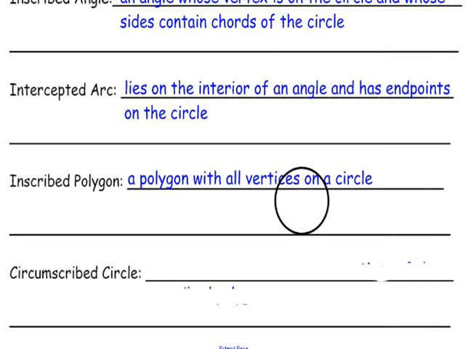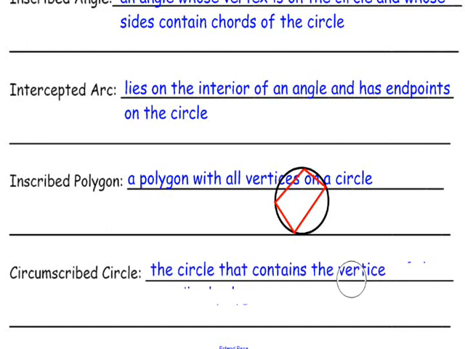So we have a circle, and then we have a polygon, and all of the vertices of my polygon are on my circle. All right, so that would be an example of an inscribed polygon. And if that is my inscribed polygon, then the circle that contains it is my circumscribed circle. So red is the inscribed polygon, black is the circumscribed circle.